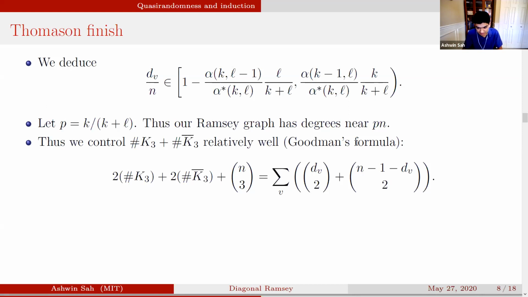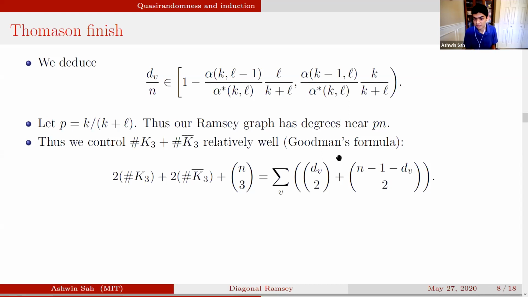And we know what all of the degrees are approximately. They're all near p times n. So this right-hand side over here, we almost completely control. And what this value is going to end up being, if you actually plug it in, I'm not going to do it here, but it's going to be basically the number that you'd expect if our Ramsey graph was quasi-random.